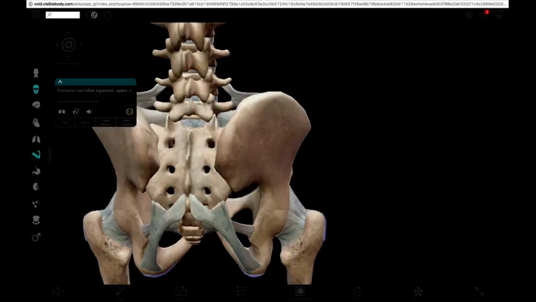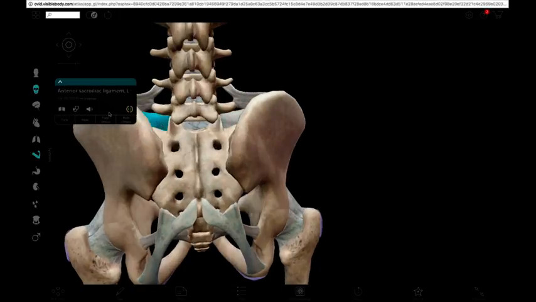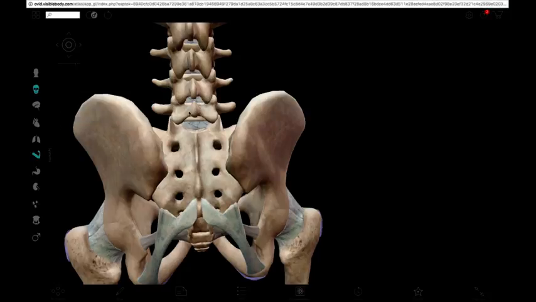Now, guys, there are times when you look at this L5 vertebra, there are times when the L5 vertebra is actually fused to the sacrum. So they'll call that sacralization of L5. That does happen.